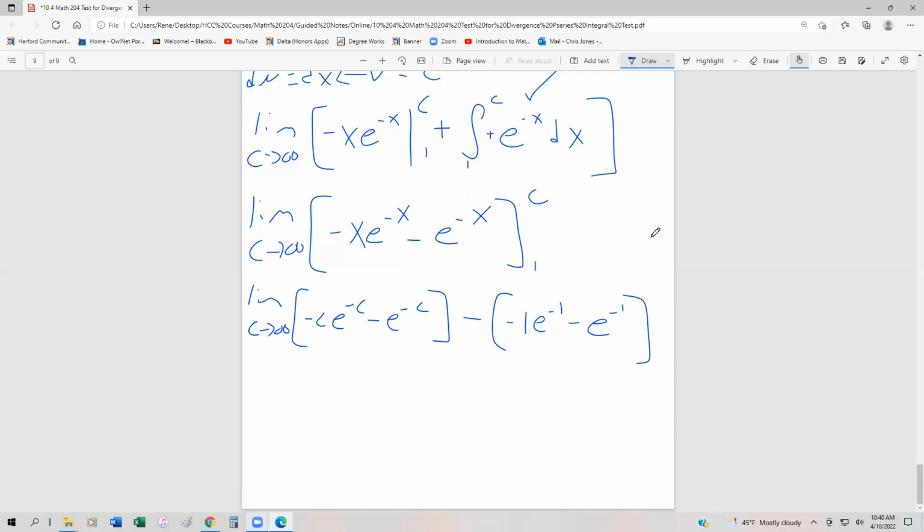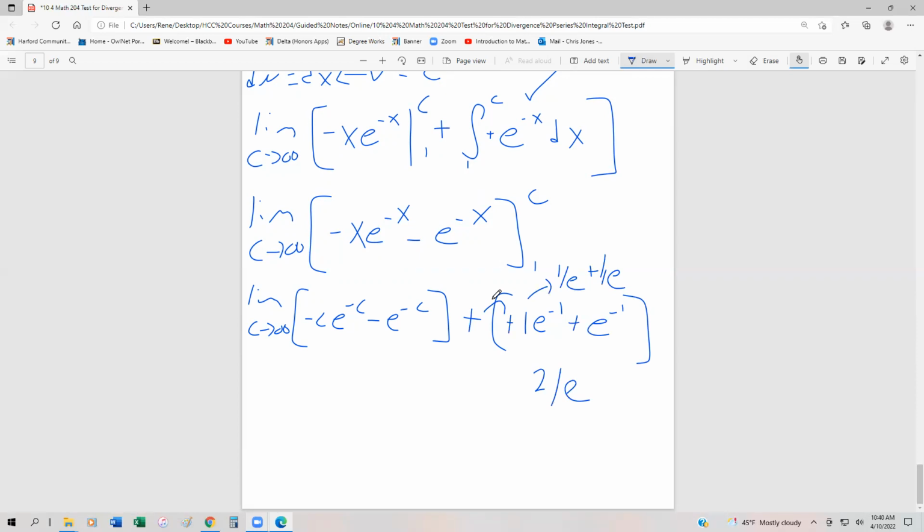Now this is easy for us to evaluate. We just end up with minus a minus 1, so all of this turns positive. And really, we just get 1 over e plus 1 over e, or this part is just 2 over e. So let's hold on to that.